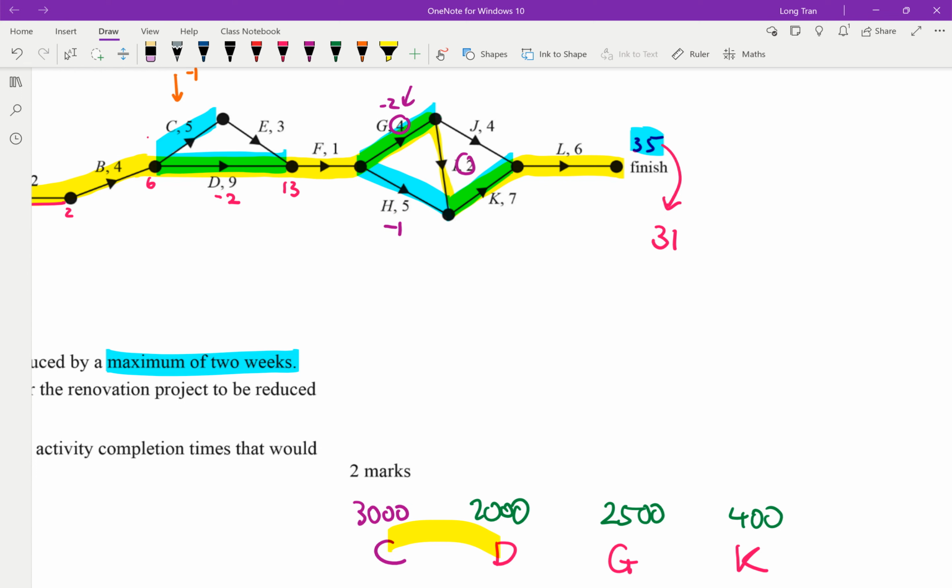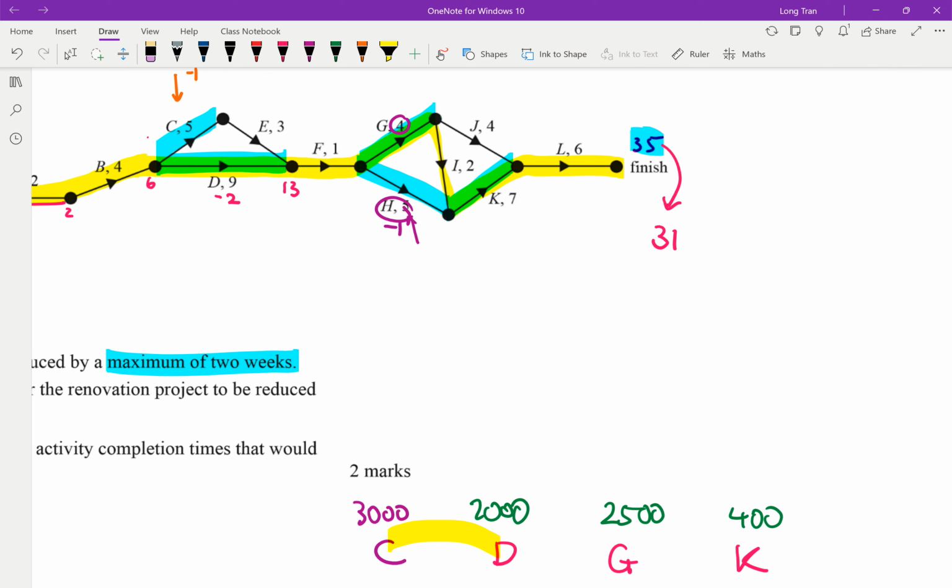Because, again, 4 plus 2 is 6, and the only way to match this is that this is going to be 5 at the end of the day. But if I take away 2, then it becomes 2 plus 2, which is 4. And then 4 means that I have to reduce H by 1.